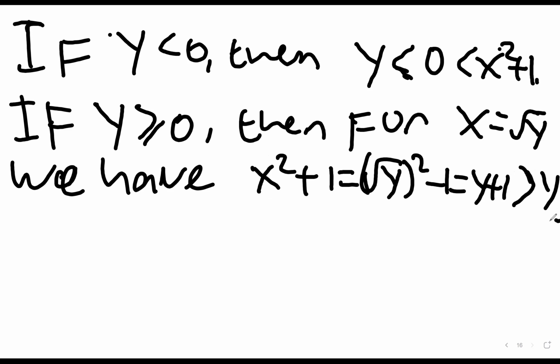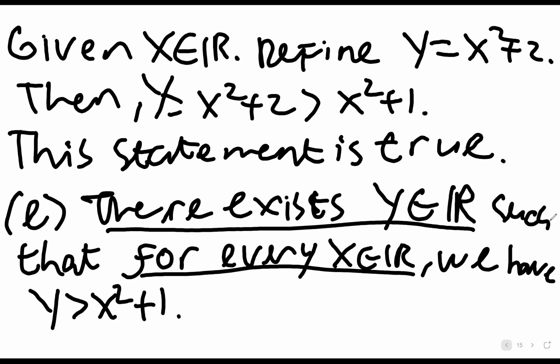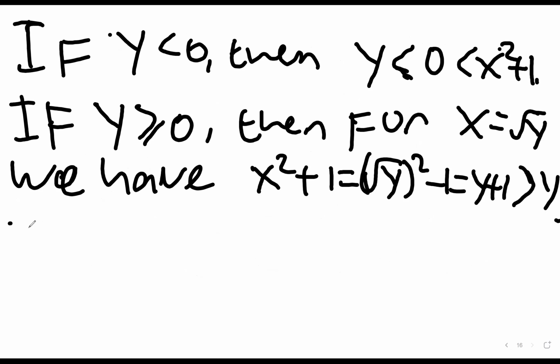So for any y, we can always find x such that x squared plus 1 is greater than y. In other words, given y, we can find an x such that the inequality is not correct. So in this case, we should say that this statement is false.